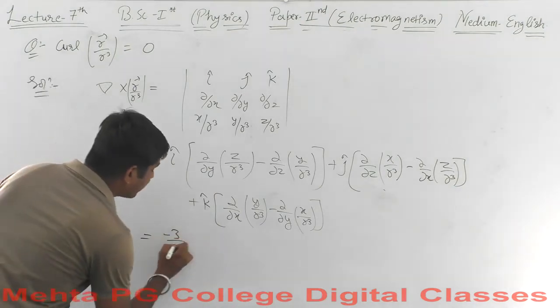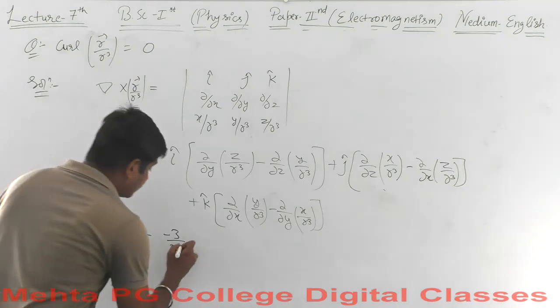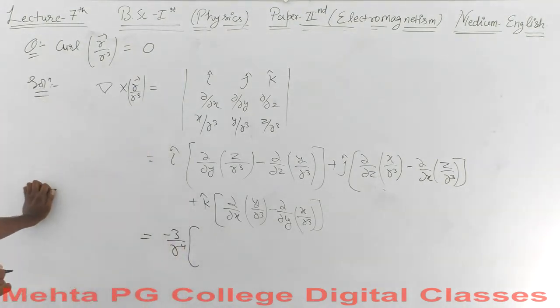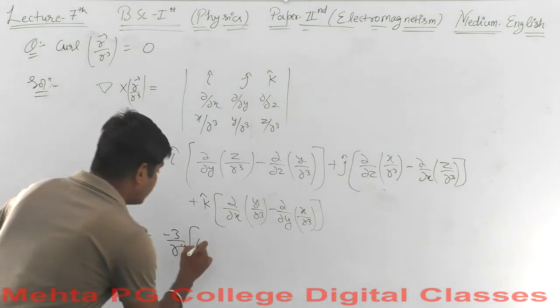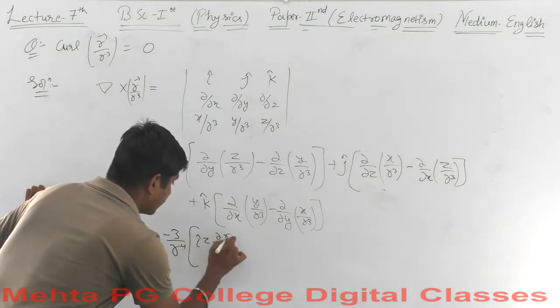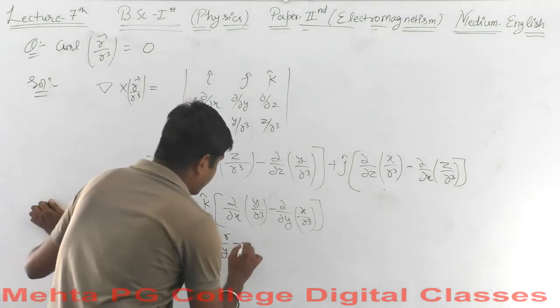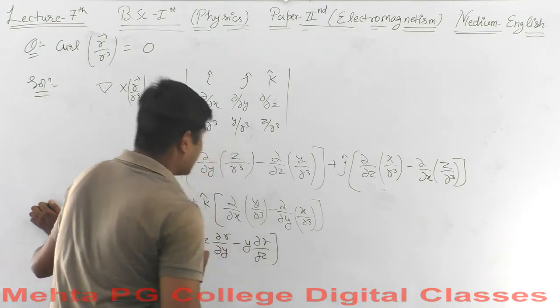We will end up having minus 3 over r raised to power 4, and i cap, z curly r over curly y minus y curly r over curly z.